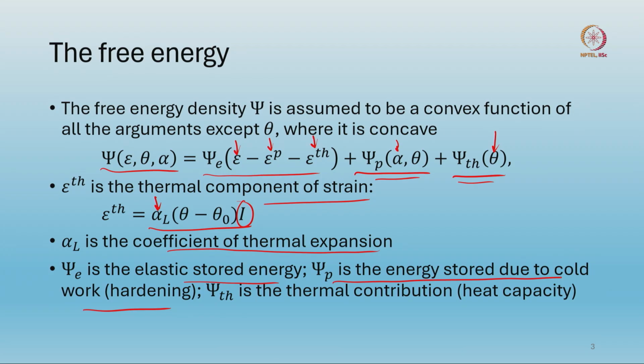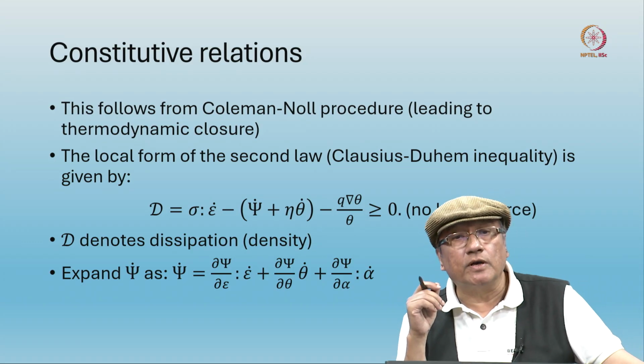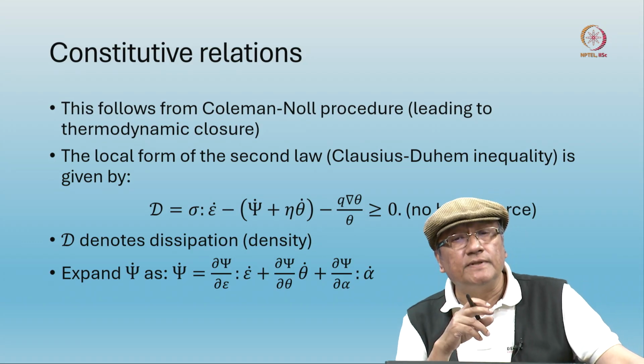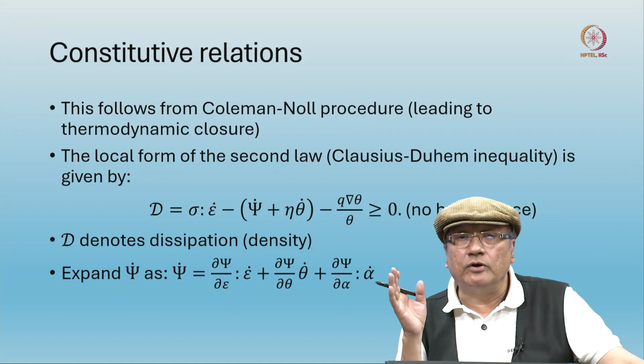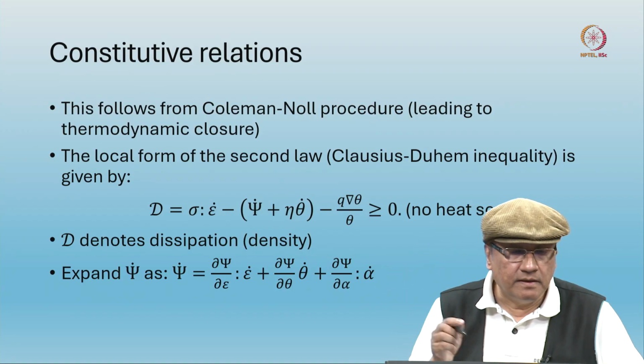Even without temperature you actually do work purely based on these alphas. Okay. So, psi theta is the thermal contribution, right, it is related to the heat capacity. So, the constitutive relations, now let us talk about them. So, the constitutive relations will have to be found based on the Coleman-Noll procedure, exactly as we have been doing for quite a long time, right.